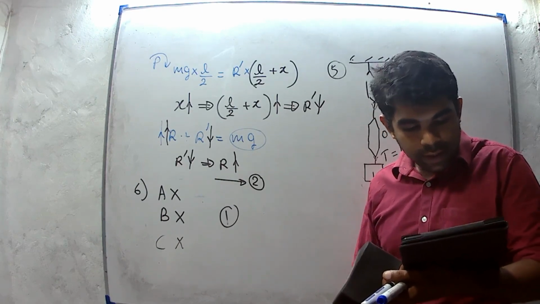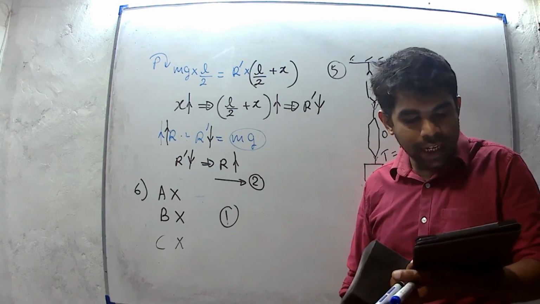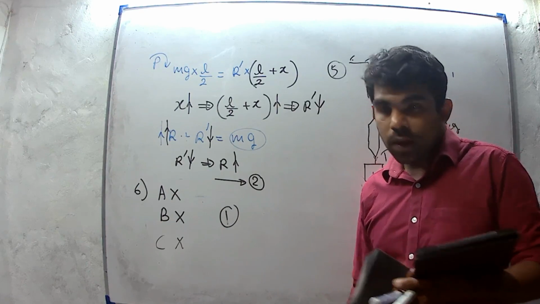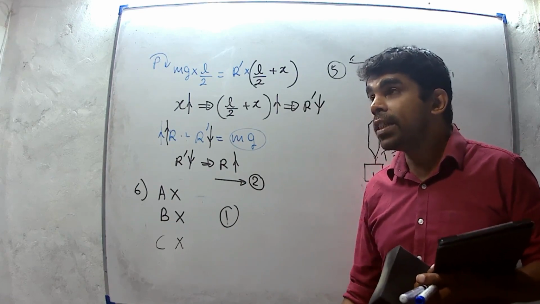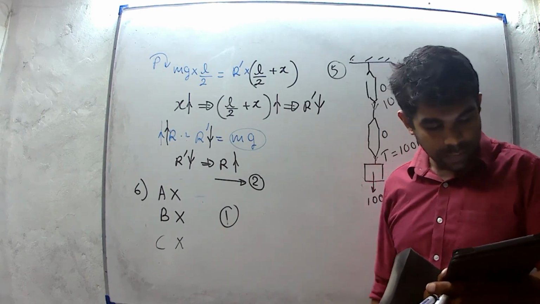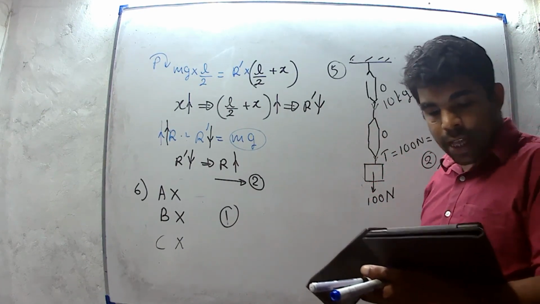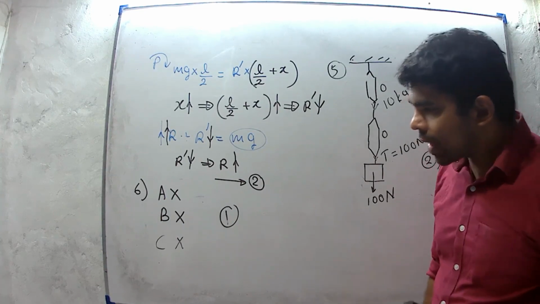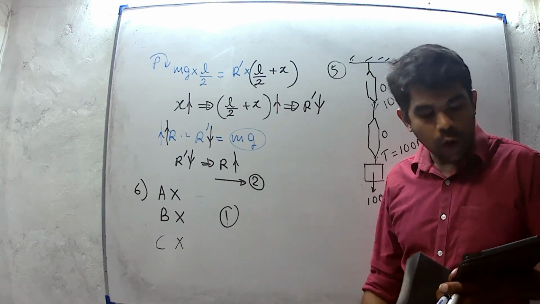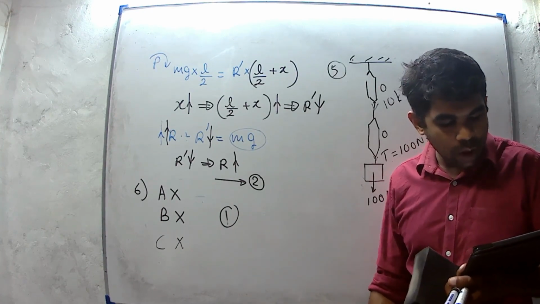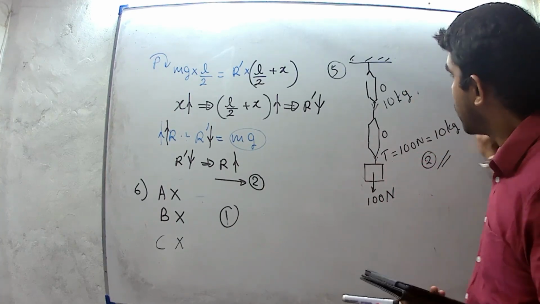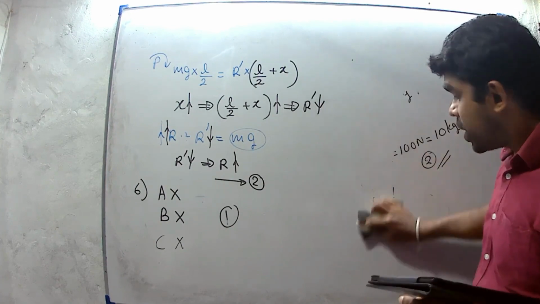Then second, the body must be in equilibrium. We can't say that because we have to consider the resultant force and torque around all points. Then C, the resultant force acting on the body must be 0. We can't get it by considering torque. Therefore, A, B, C are all false. Then answer 1 is correct for question number 6. They have given that answer 5, it is false.